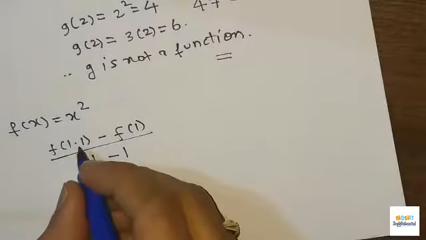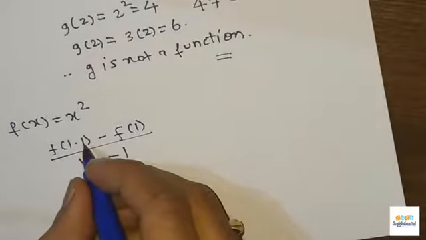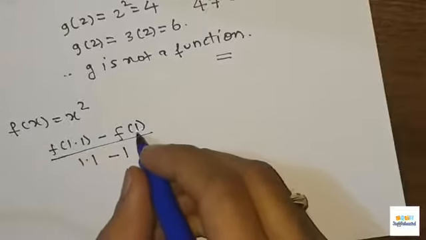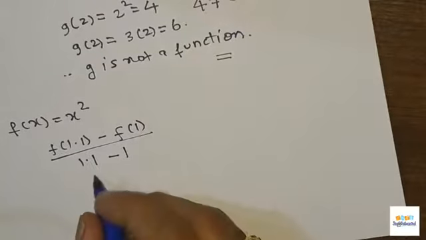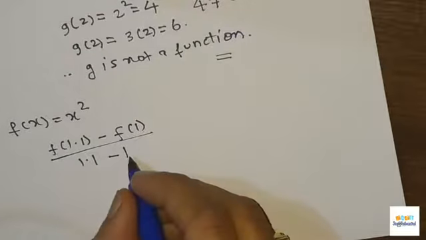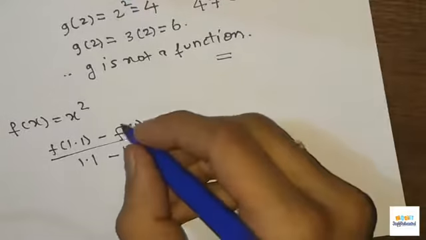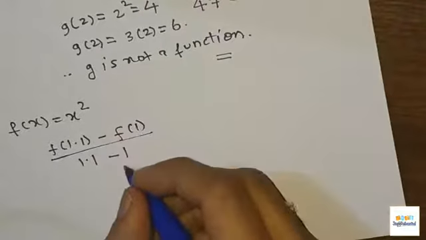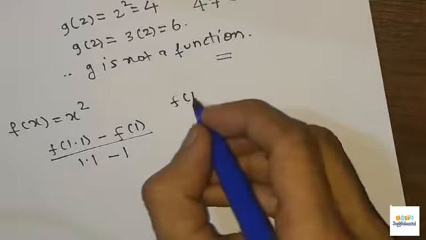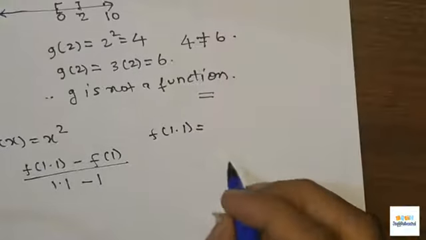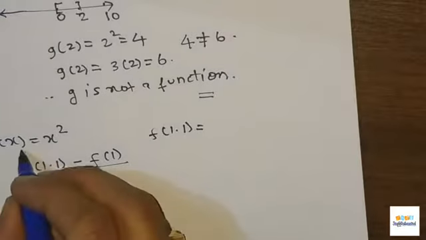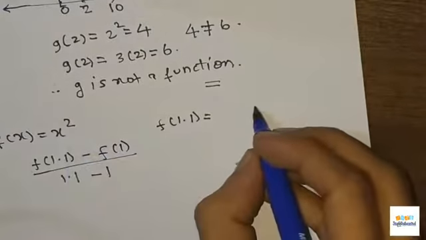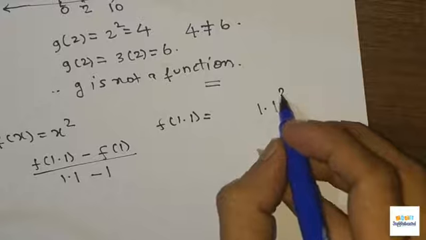You have to just check the values at 1.1 of the function f(x), then the value of function at 1, and then you have to also calculate this and just divide this value with this value. Okay, so f of 1.1 will be what? Function f(x) is defined as x square, so we have to find 1.1 square.